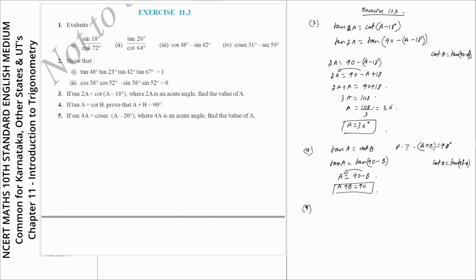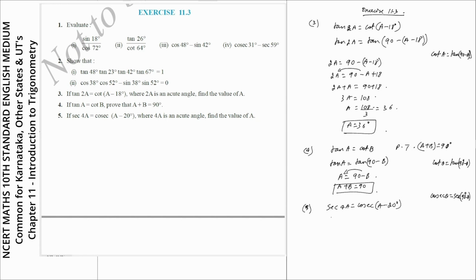Fifth sub question, if secant 4a is equal to cosecant of a minus 20 degree, where 4a is an acute angle, find the value of a. So we know that cosecant theta is equal to secant of 90 minus theta.